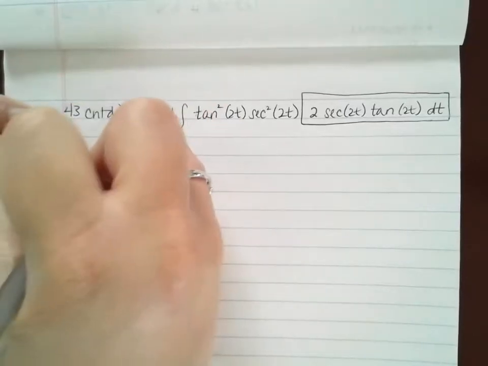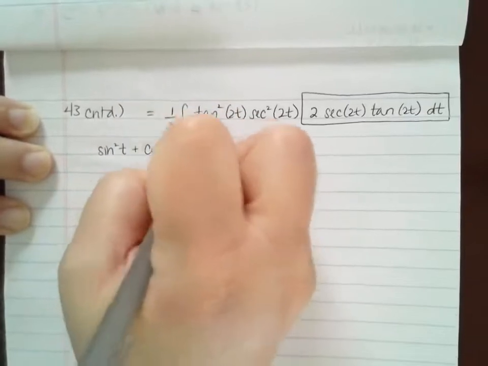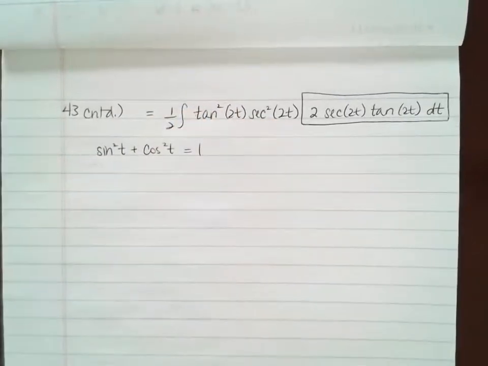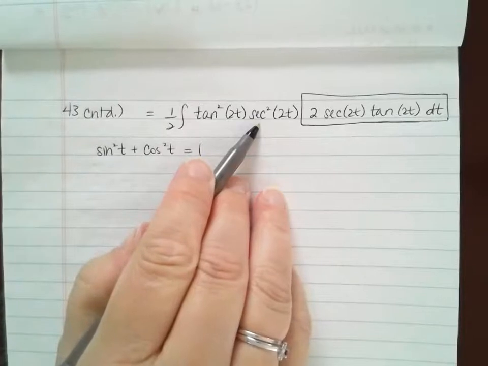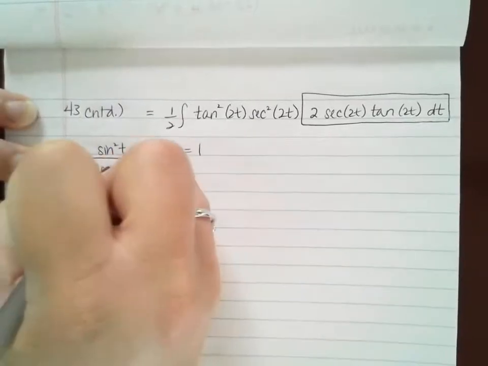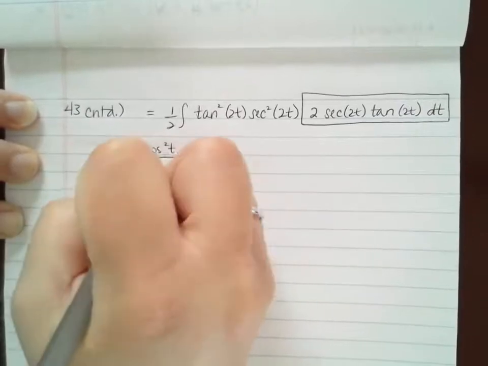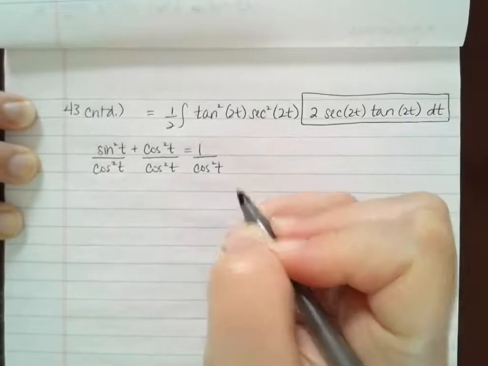Well, if I remember this identity, then turning it into a secant identity would mean I'd have to incorporate a division of cosine, right? Because the reciprocal of cosine, 1 over, is the secant that I need.